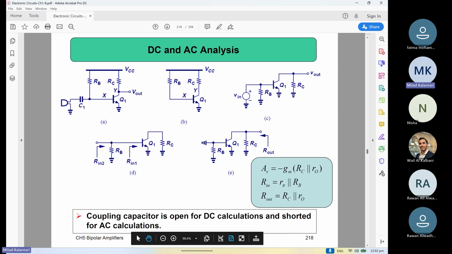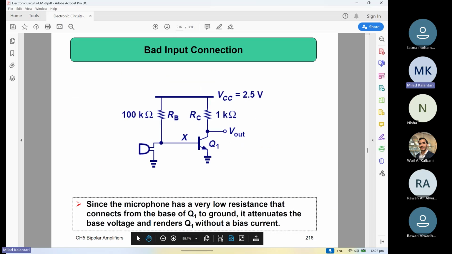So this slide is trying to say that the DC biases are important. Let's say you have the microphone, you want to amplify it. If you just directly connect the microphone to the input, it may change the bias that you want, because the microphone maybe has some impedance to the ground, so it may corrupt the bias you are trying to make for the transistor.